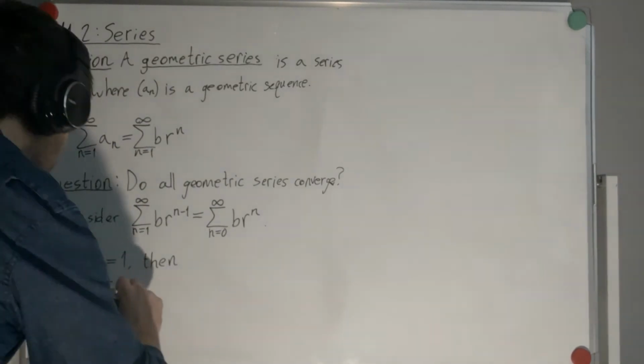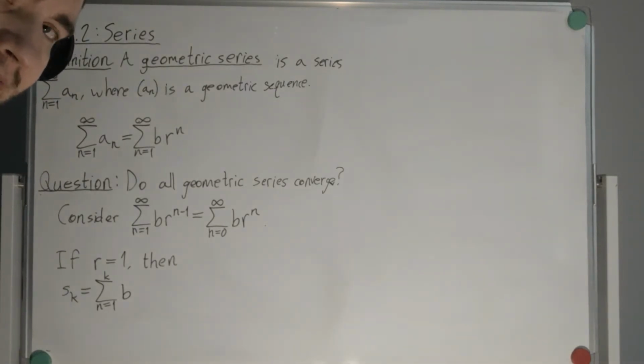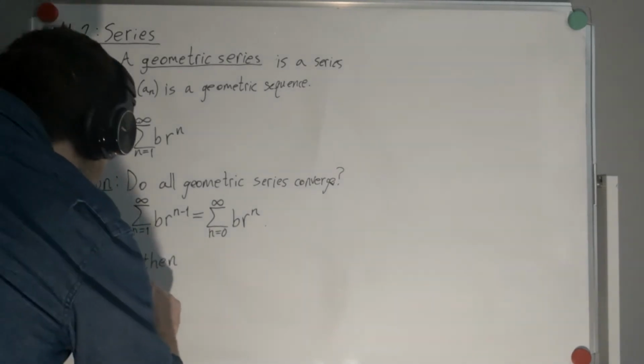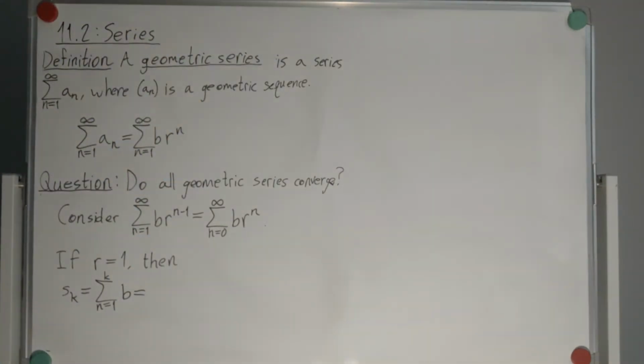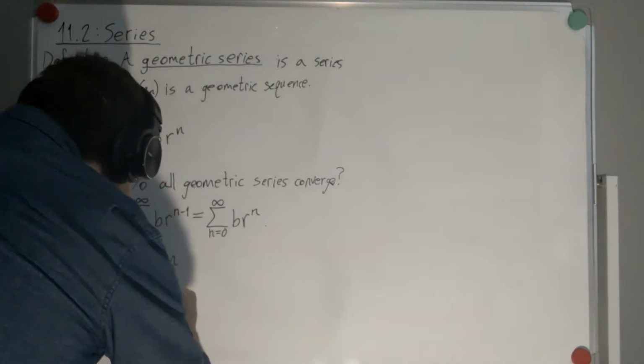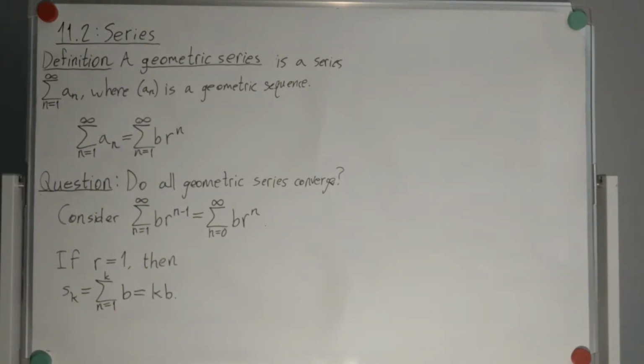Okay? 1 to the n is just 1, so this is just b over and over and over again, right? So this is k copies of b all added together, which is exactly what we mean by kb, k times b.